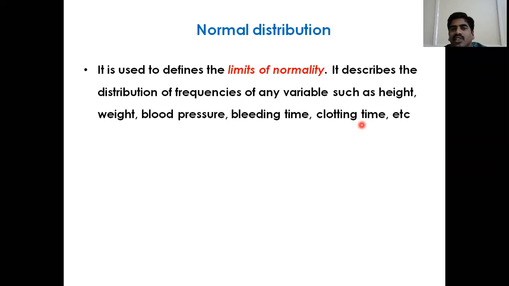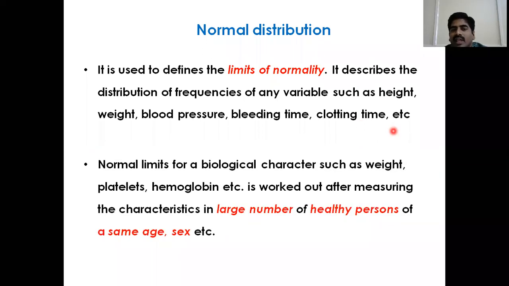It describes the distribution of frequencies of any variable such as height, weight, blood pressure, bleeding time, clotting time, etc. Normal limits for a biological characteristic such as weight, platelets, hemoglobin, etc. are worked out after measuring the characteristic in a large number of healthy persons, because we are giving normal limits, so we should take healthy people, a large number of the same age and sex.